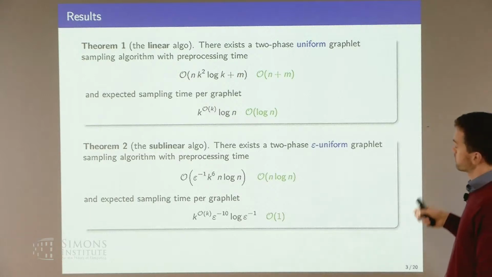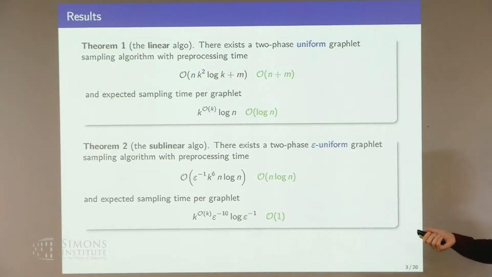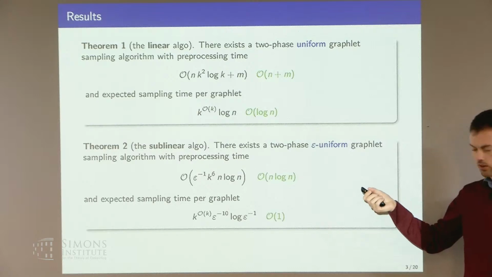The second result is stronger in some sense. It says that if you allow for non-uniform samples, if you want epsilon-uniform, meaning you only want to be epsilon close to uniform in total variation distance, then it is sufficient to have a preprocessing time of n log n.